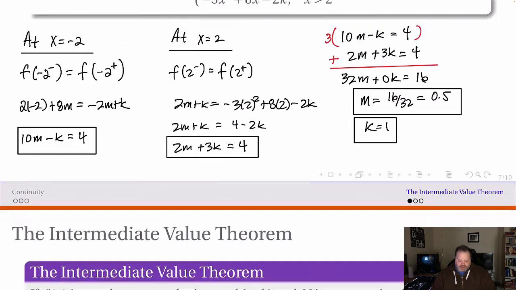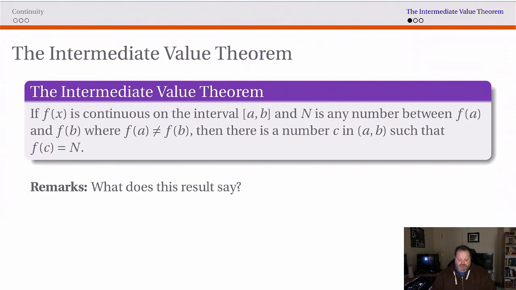So that brings us to the last thing I want to discuss, which is the first of 3 important theorems in the course called value theorems. This is called the IVT, or intermediate value theorem. Basically, you can think of this theorem as the consequence of continuity.